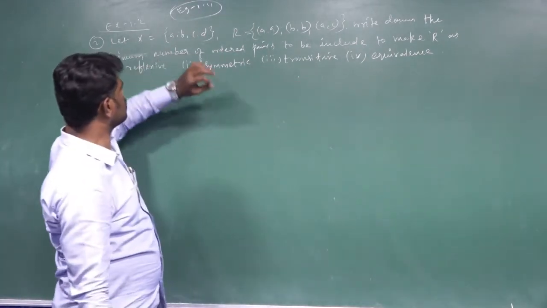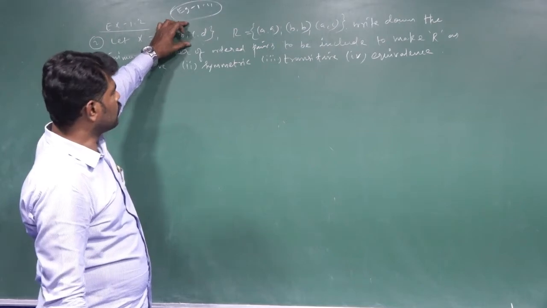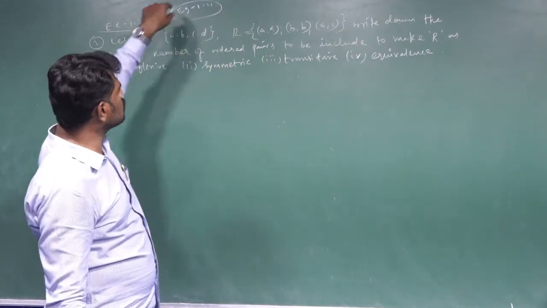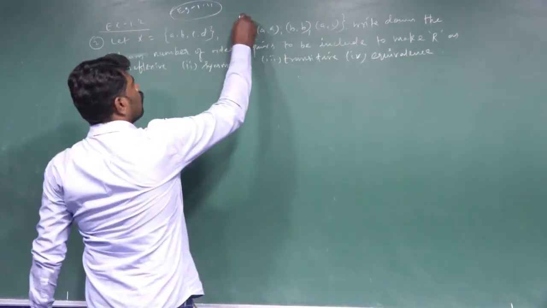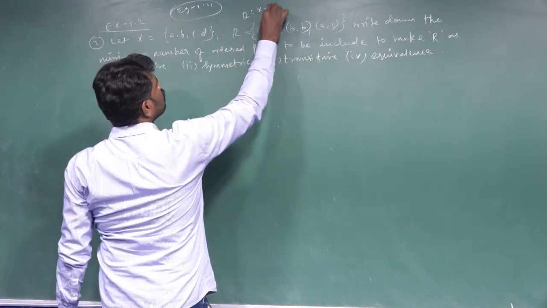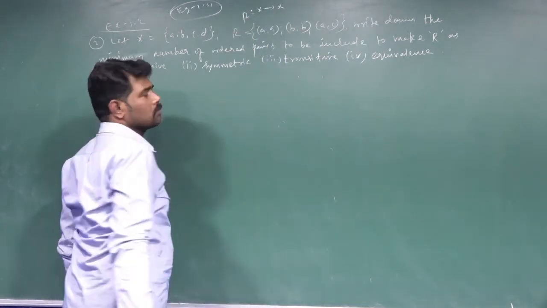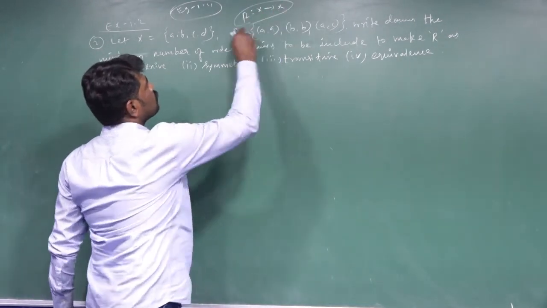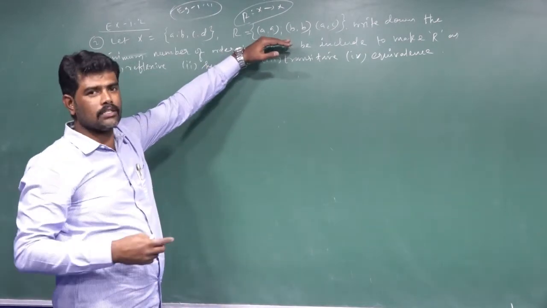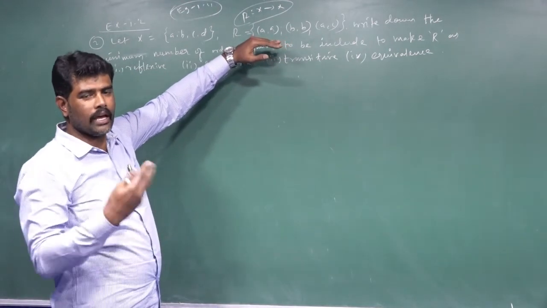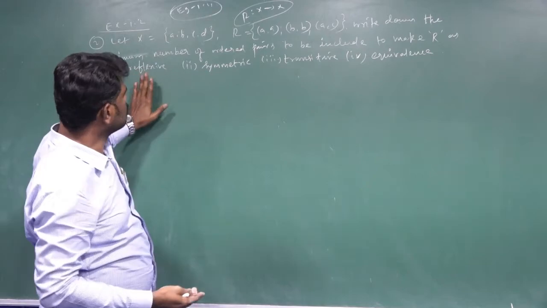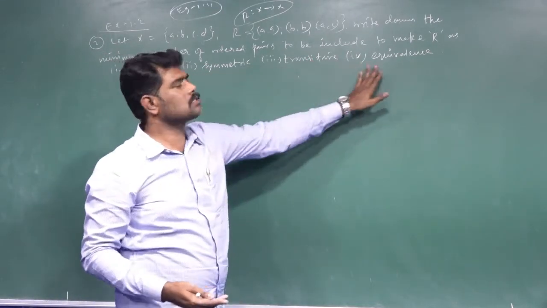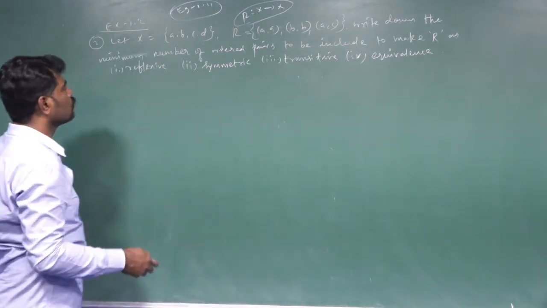So here this is one given set, and the relation R is defined on X to X only. In this relation, what are the pairs needed to be added to make these four relations true?